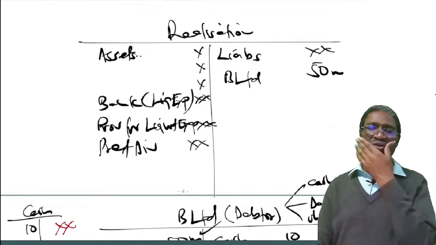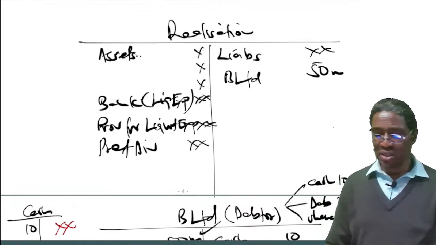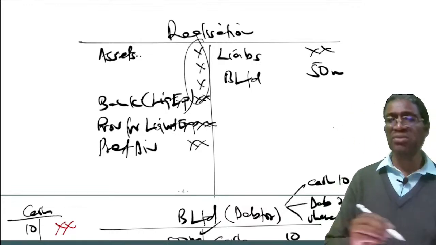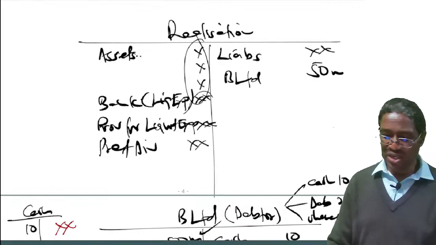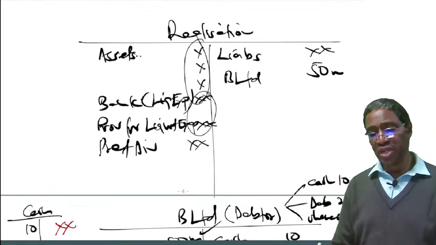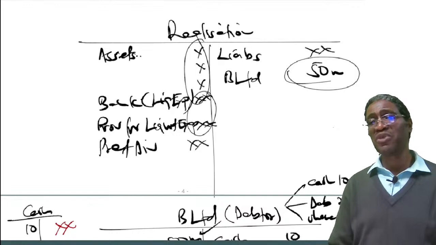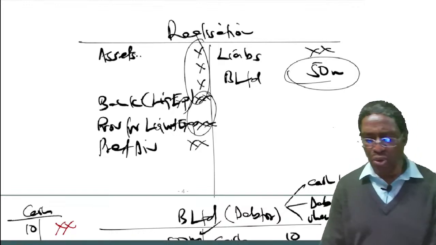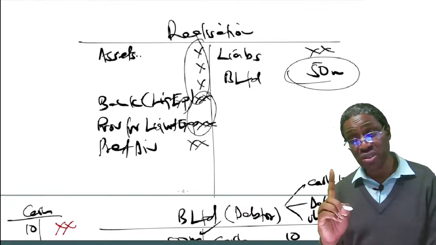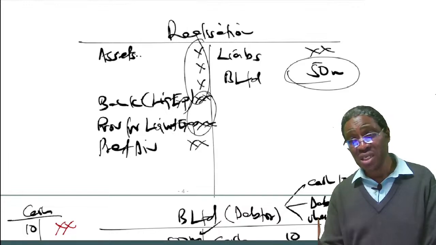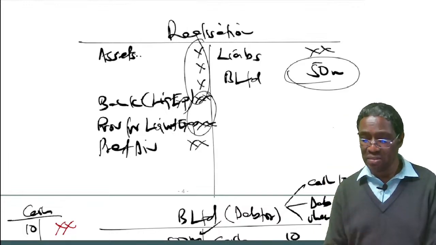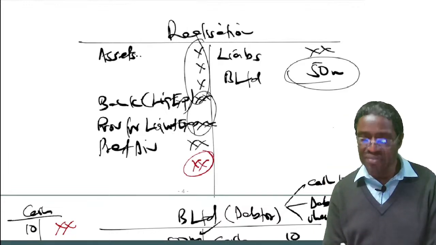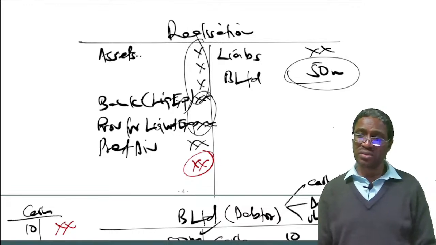Look at this account. On the debit side, these are the assets I gave out to the company. These are the expenses I incurred. On the credit side, I'm going to receive 50 million. So suppose the credit side is more than the debit side, meaning the difference is on the debit side. What does it imply?